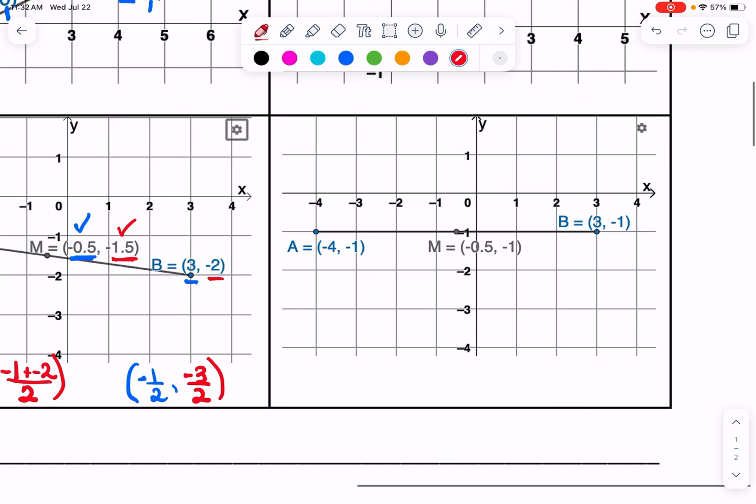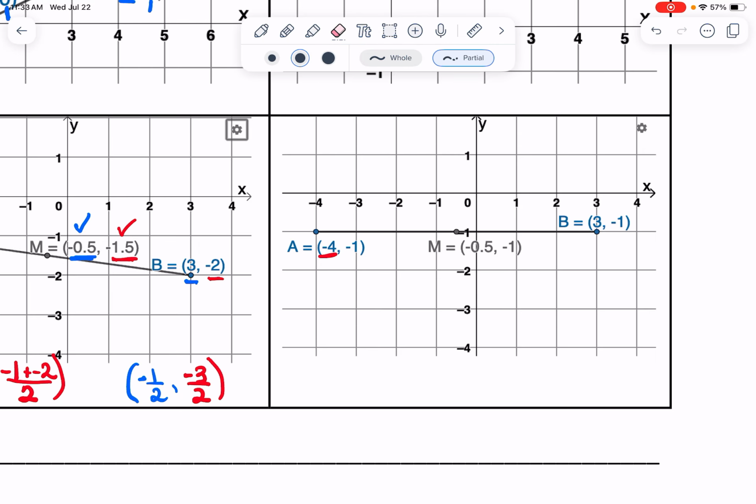Okay, so let's try one more. Ooh, okay. This one's horizontal. If I take my x's and add -4 with 3, -4 plus 3 is -1, and I want to be halfway between them, so I'm dividing by 2. So it's like I'm averaging them. I'm adding them and dividing by 2. I'm going to get -1/2, negative 0.5, okay.